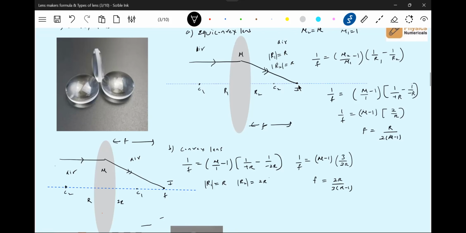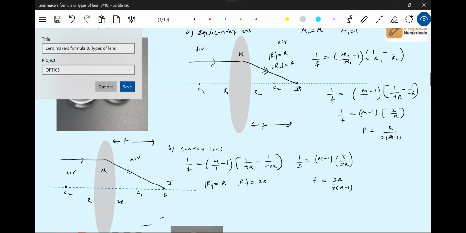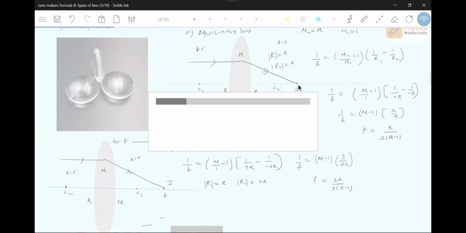So like this, we can find out the focal length. Physically, it will be like a bulged disc. If you see the side view, it will appear like this. That's why in the books we prefer this particular diagram. It will have the radius, this one. Okay, this is about the convex lens.